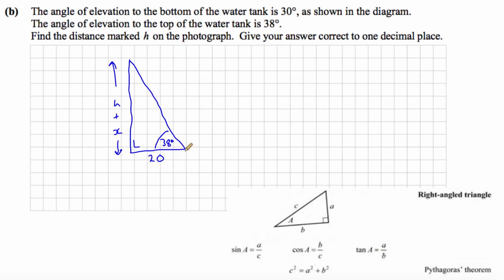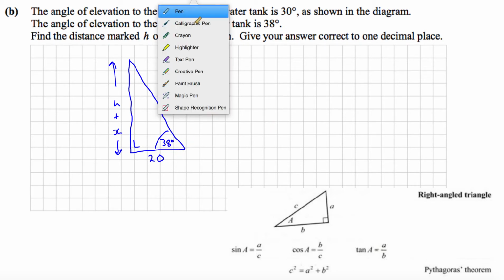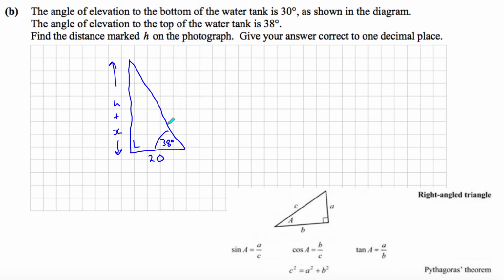So again, using the same idea of color coding here, you can see the angle is 38, that's our angle A. The adjacent is B, 20 in our case, and the opposite side is x plus h, or A in our case. So again, it's going to be tan.